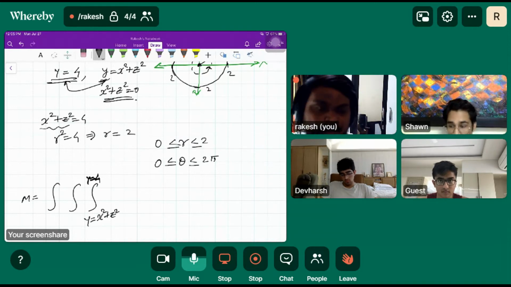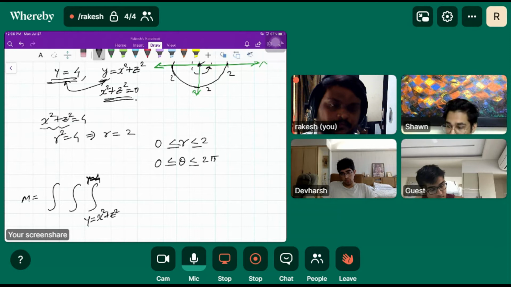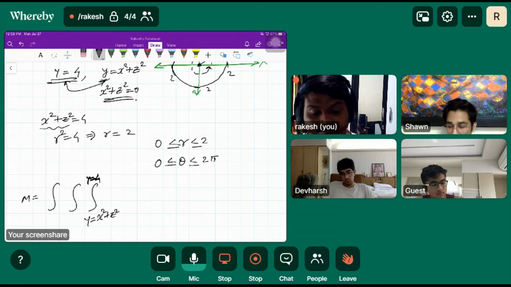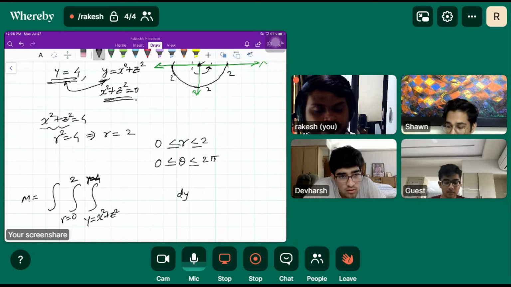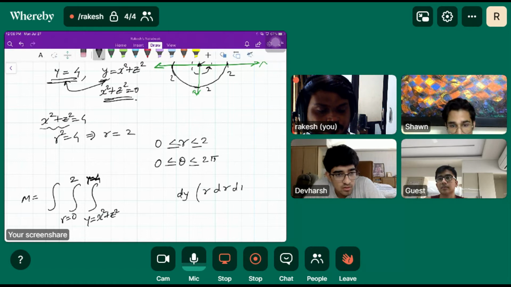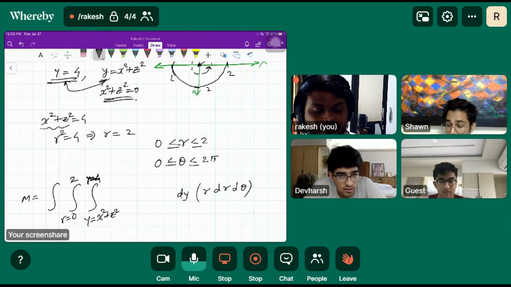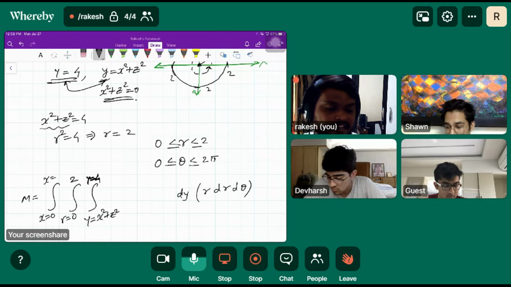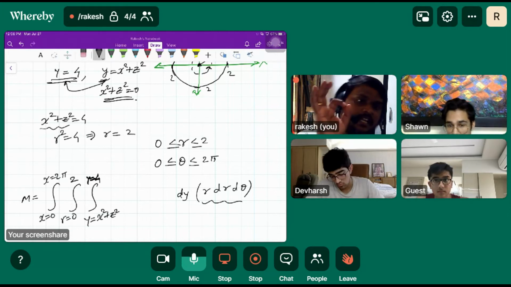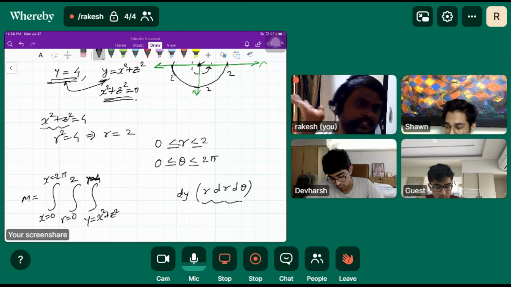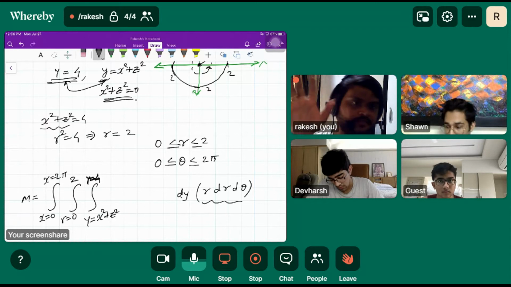Let me know the limit of the middle integral: r from 0 to 2, very good, and then theta from 0 to 2 pi. I have written here the sequence of integration: dy, r dr d theta, right? Without any confusion, we should write that.